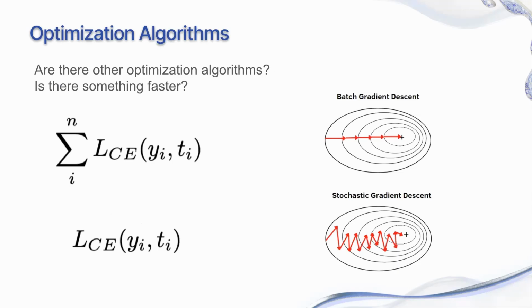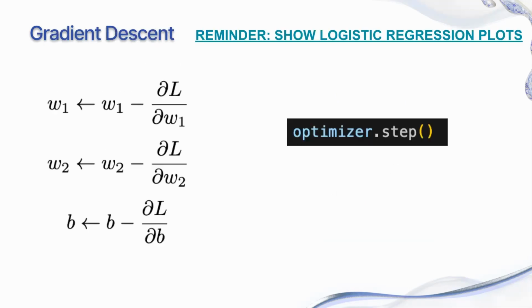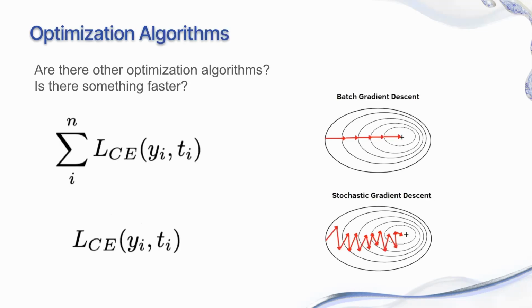Now, part of today, we'll briefly talk about optimization algorithms. There are a bunch. All of them more or less do the same thing. They calculate the gradient, and then they move the weights. There's just fancier math in how you go about calculating your gradient, or how you go about actually updating your weights.